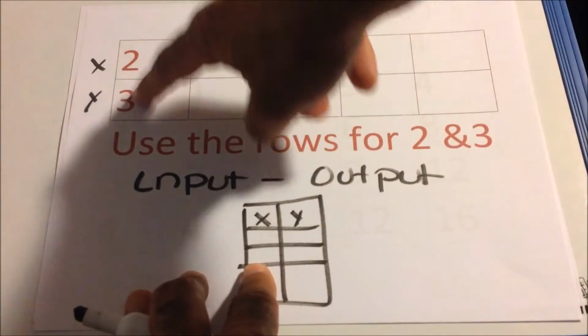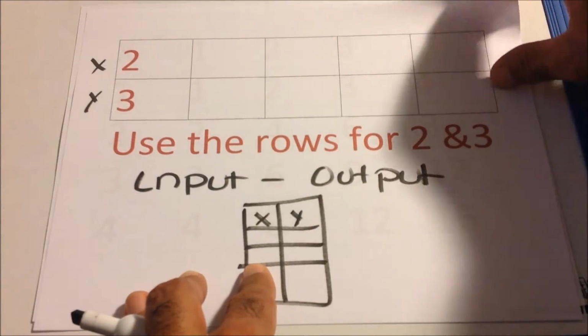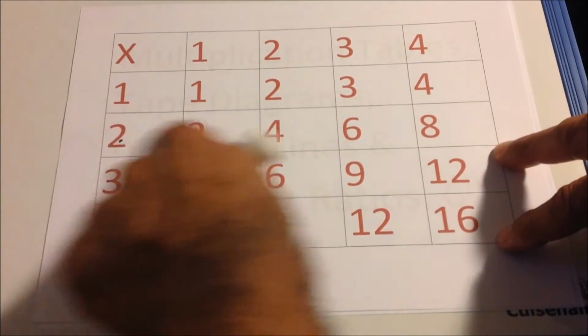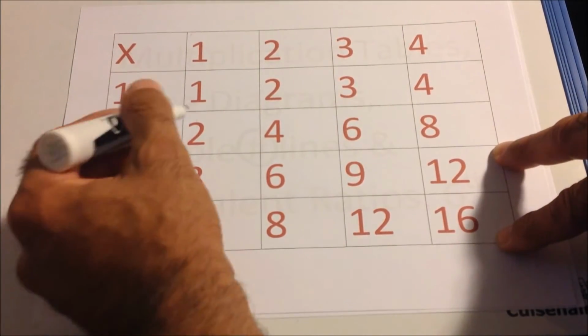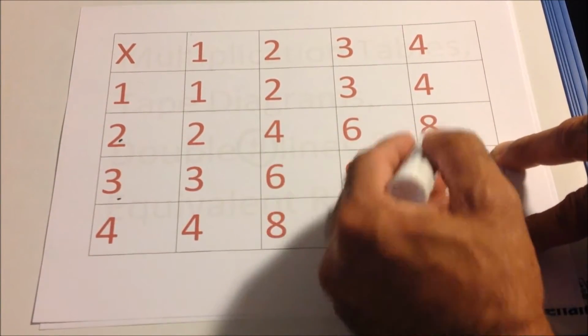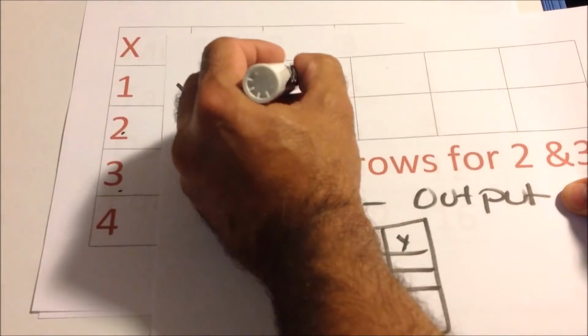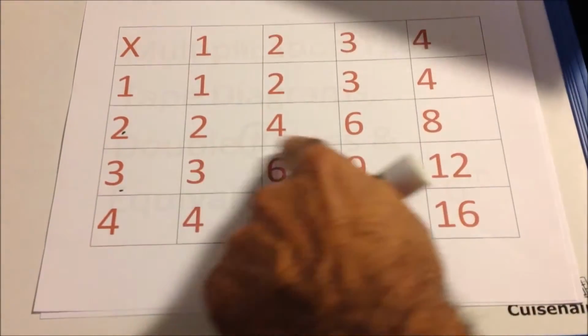So if you saw 2 and 3, and you want to fill in the rest of the numbers here, well, just look at the multiplication table. So we're going to look at the rows with 2 and 3. And they're right here. Everything's here. We have a 4 and a 6, 6 and a 9, an 8 and a 12. And just keep following it.